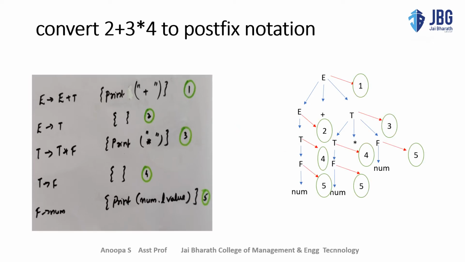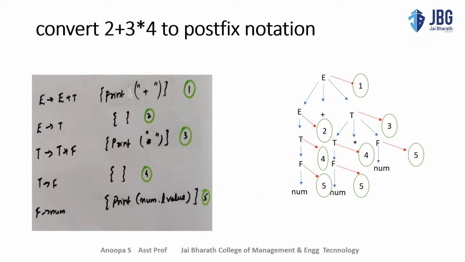Sorry, E giving T is 2, E giving E plus T is 1, T giving T star F is 3, and F giving num is 5. Similarly, I have given every semantic action its corresponding number.